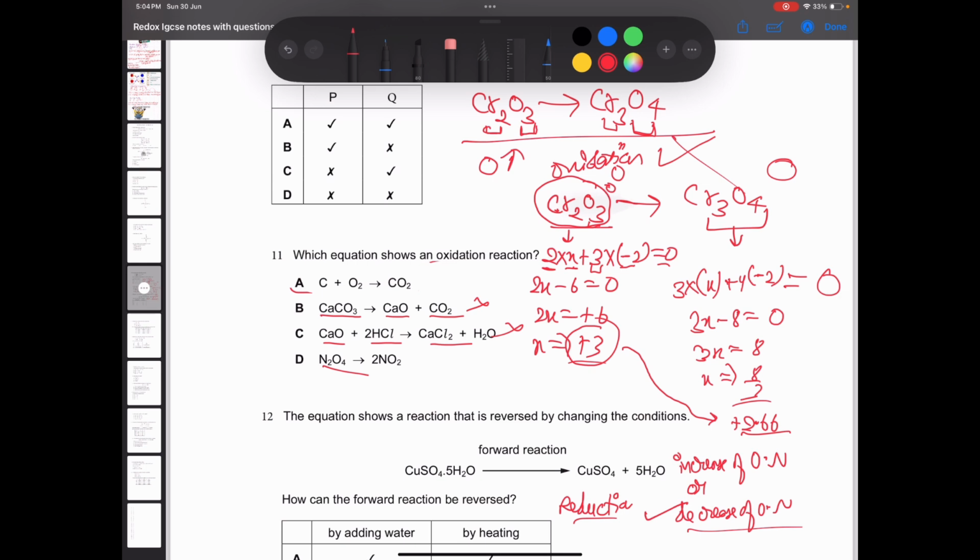So the students who picked that chromium got oxidized, their answer was incorrect. Why? The proof is in front of you. In Cr2O3, chromium has an oxidation state of +3. In Cr3O4, chromium has an oxidation state of +2.66. So this is it. Be aware of these kinds of questions.